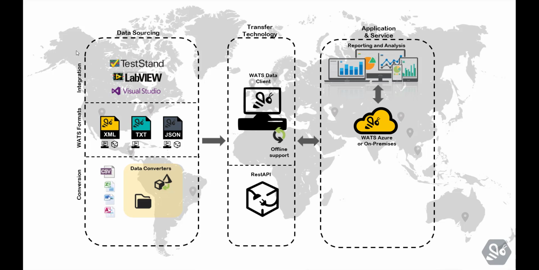And that goes for the left-hand side as well. It's very lean when connecting to the test station. We just want access to the data somehow. Some customers put the code inside of their framework. However, if we can get access to the data somehow, that's all we basically need.